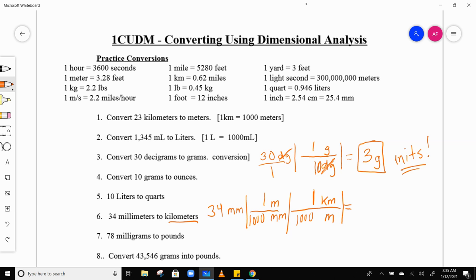So again, I put my 2 conversion factors in brackets here. I use my base unit meters as an intermediate to help myself go from one to another. Then I multiply the tops, 34 times 1 times 1, and divide by 1,000 and divide by 1,000.